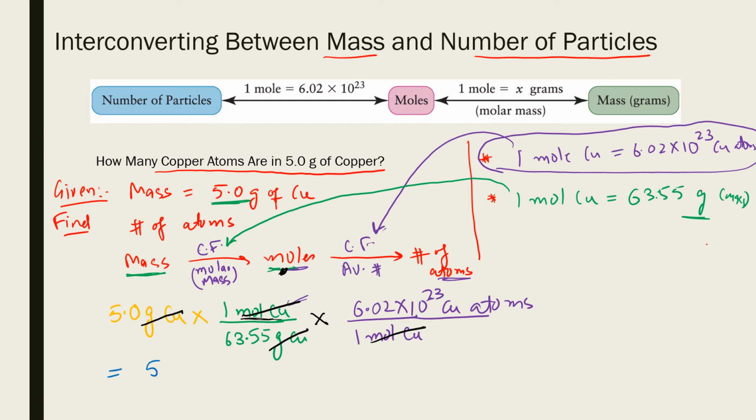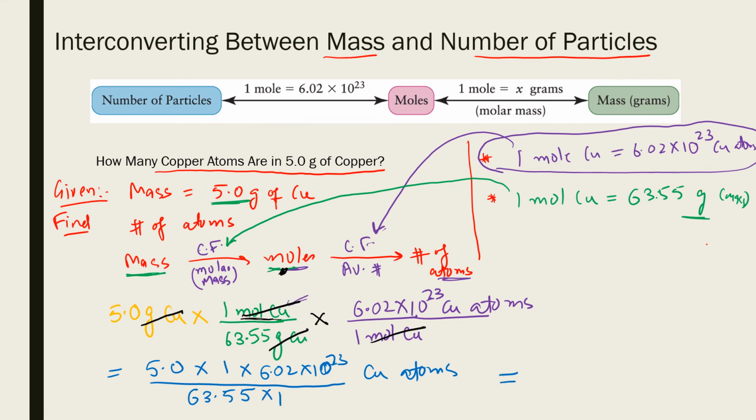So let's clean this equation up. 5.00 times 1 times 6.02 times 10 to the 23 copper atoms divided by 63.55 times 1.